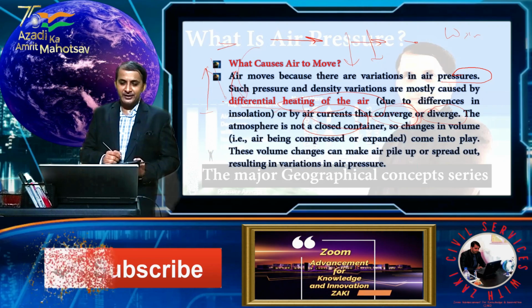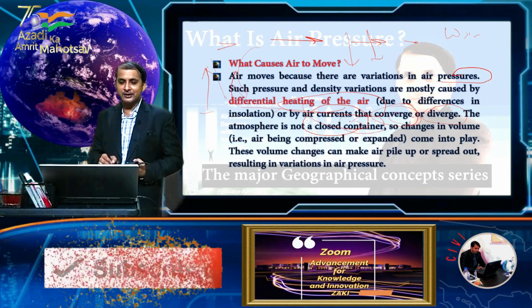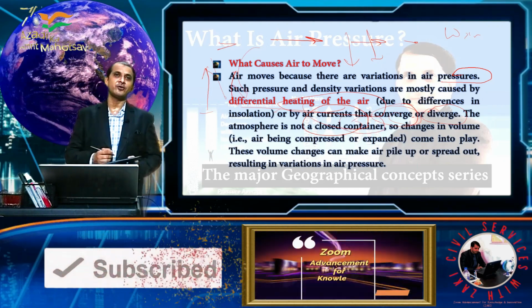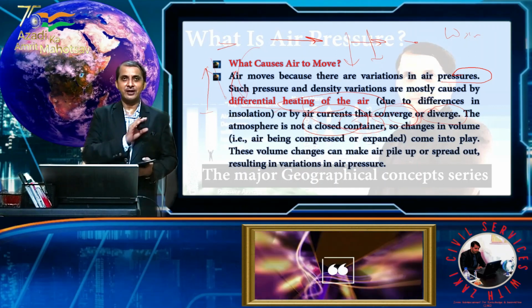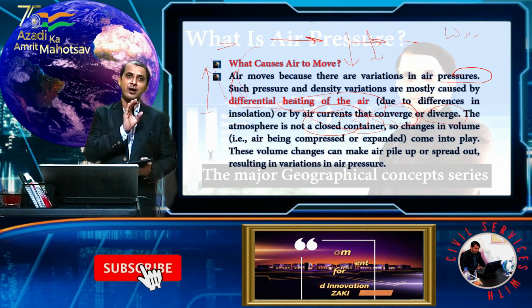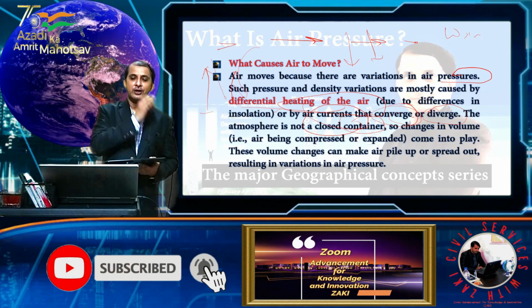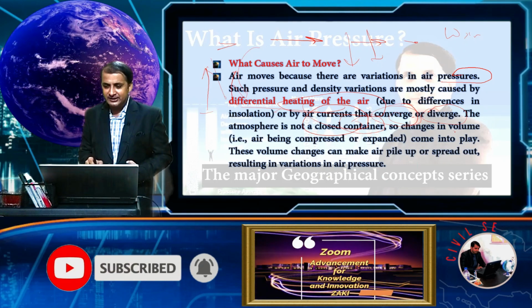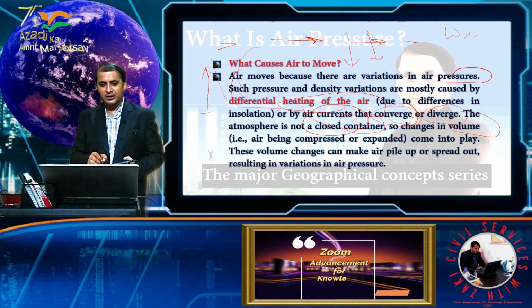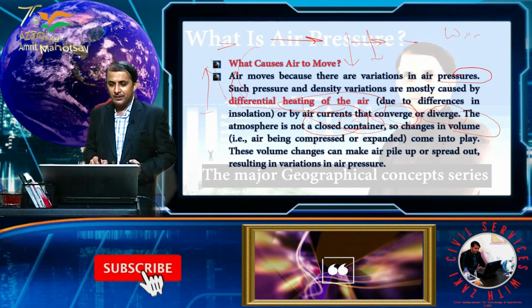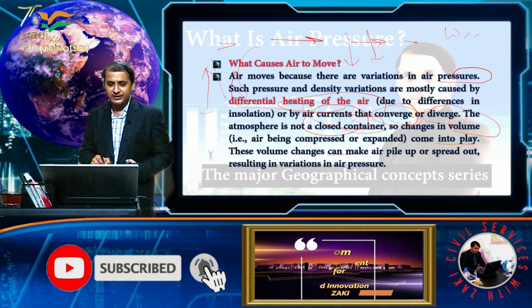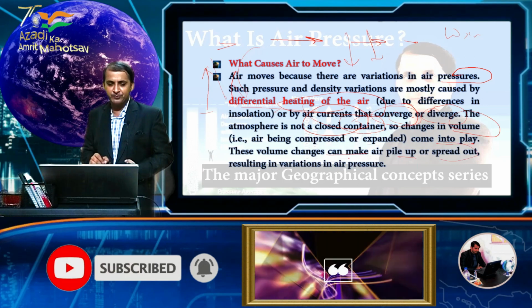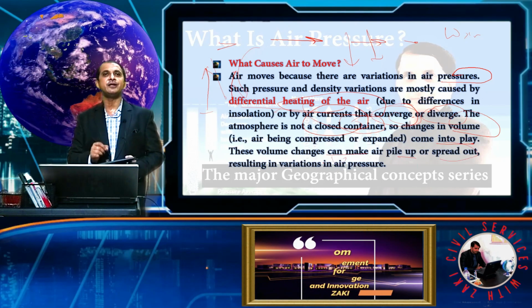The atmosphere is not a closed container, as we earlier discussed about the container. So the changes in volume, that is being compressed or expanded, come into play, and these volume changes can make air pile up or spread out, resulting in variation in the air pressure.